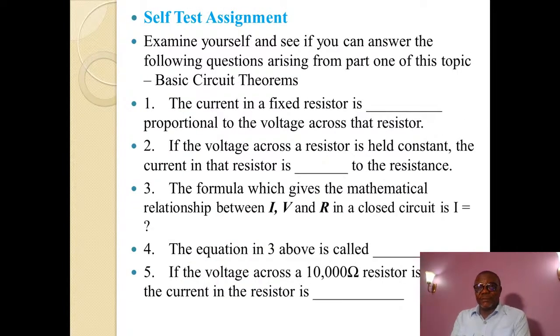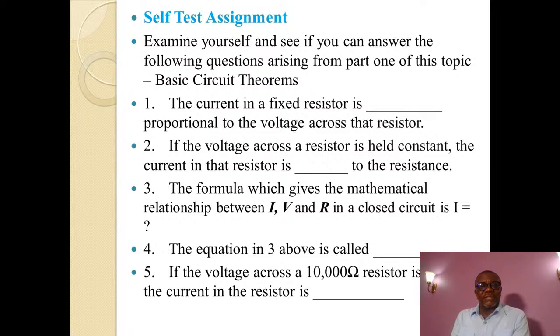Now, before we start our lectures proper today, we have to look at what I call a self-test assignment. I expect you, just 5 questions, to quickly, in the comment section, test yourself and answer this.